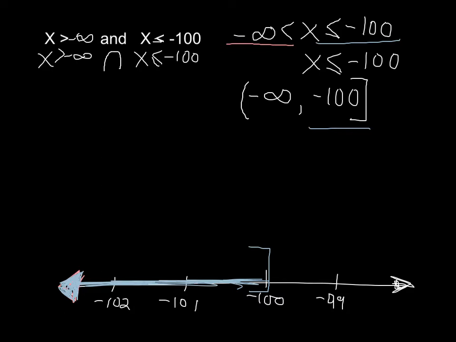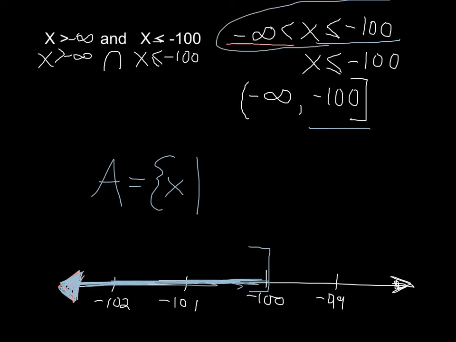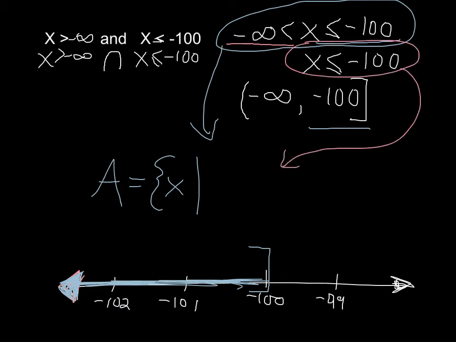So all we have left to write down is the set notation. And since we already have the compound inequality, that's pretty easy. A equals x such that we just take our compound inequality. We can write it with or without the negative infinity. So we can either write this whole thing, or we can just write this part of it.